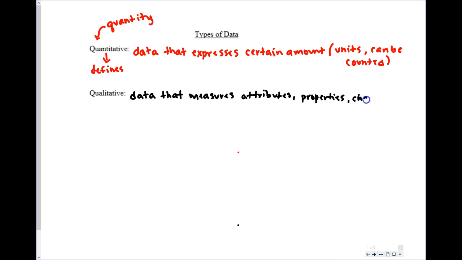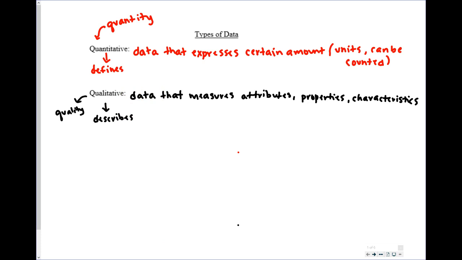Or characteristics. And we call that this qualitative data describes. You'll also notice the word quality is in there, right? Like people have all kinds of qualities that aren't necessarily values. They're like adjectives. So qualitative data is like adjectives, descriptions, and quantitative data is like numerical descriptions.